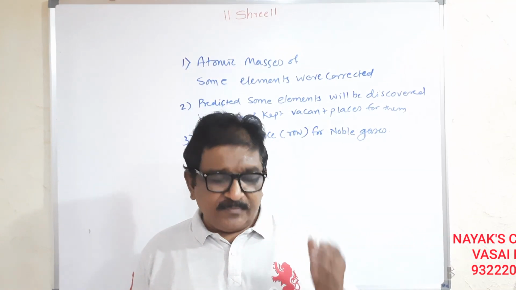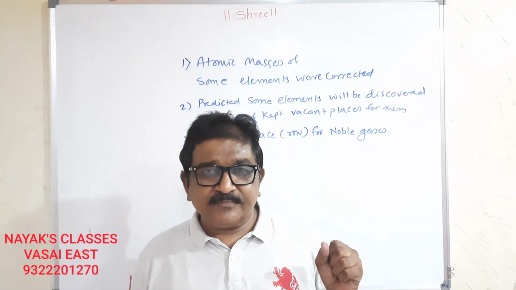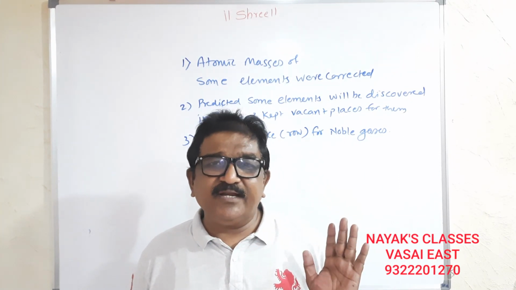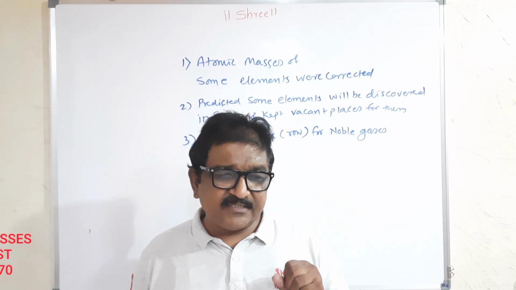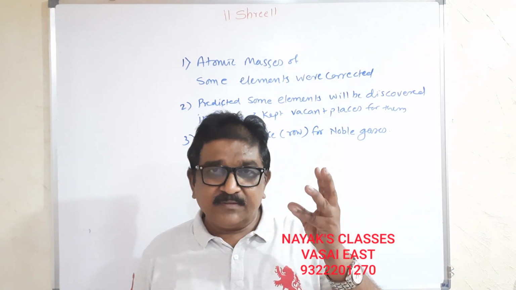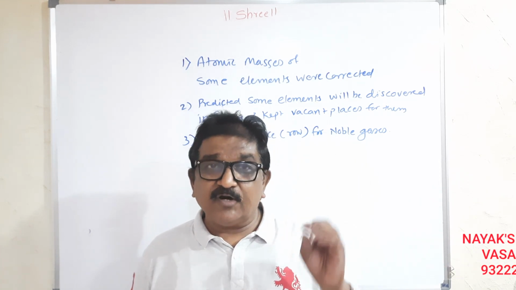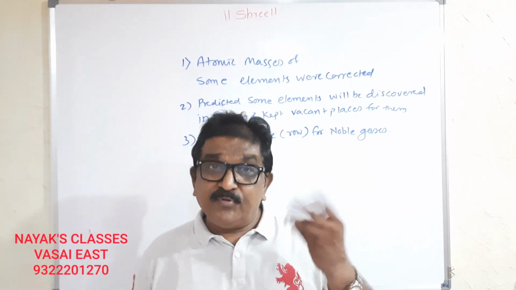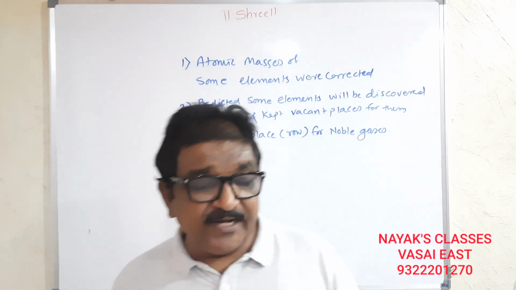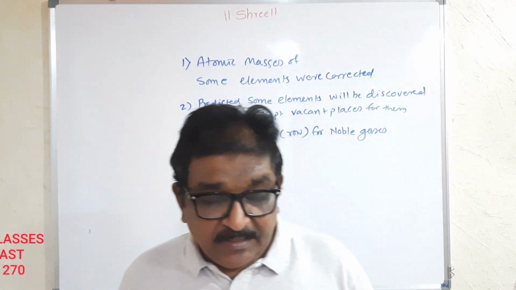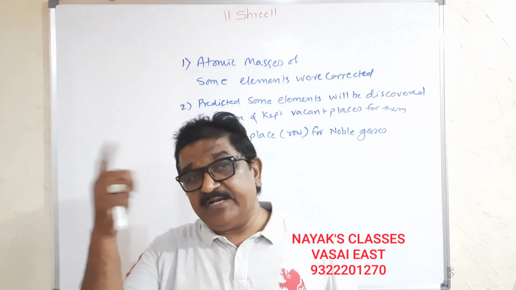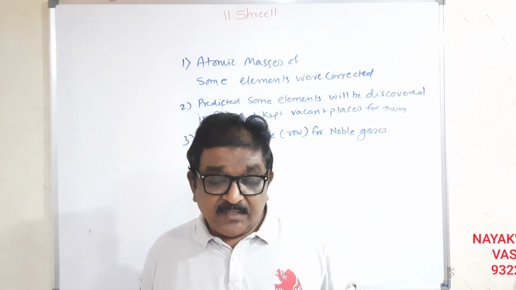So see, only by thinking and mathematics, he had predicted there are three elements which will be discovered in the future, and their atomic masses will be 44, 68, and 72 respectively. Not only this, but their properties were also predicted.